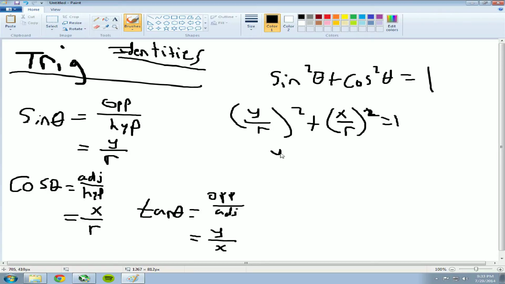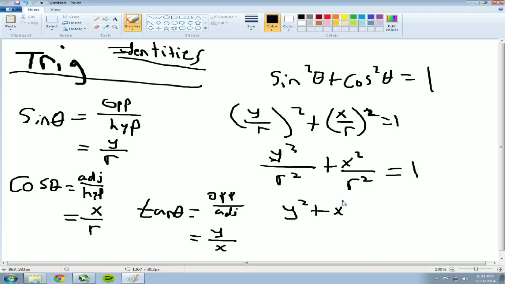If we simplify this, we get y squared over r squared plus x squared over r squared equals 1. And if we multiply both sides by r squared, we get y squared plus x squared equals r squared, which is true because remember that's our graph right here. So according to the Pythagorean theorem, this is true.